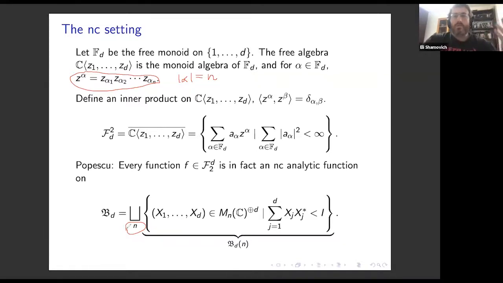However, as we saw in Matt's talk on Monday, it is very useful and sometimes even necessary to let n take infinite values. In Matt's talk, the reason was that we want to find the boundary, which might not live on finite levels. For example, this is a non-commutative convex set, and its boundary lives on the infinite level.